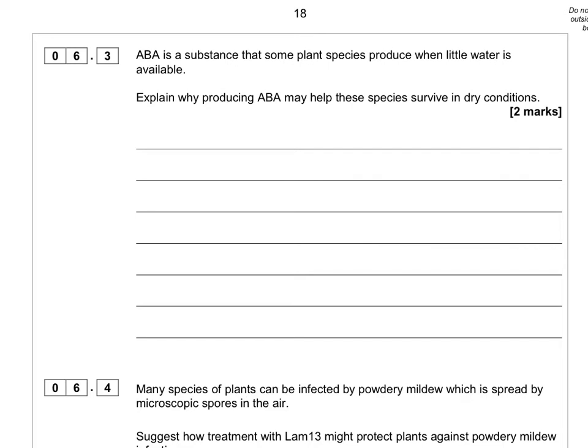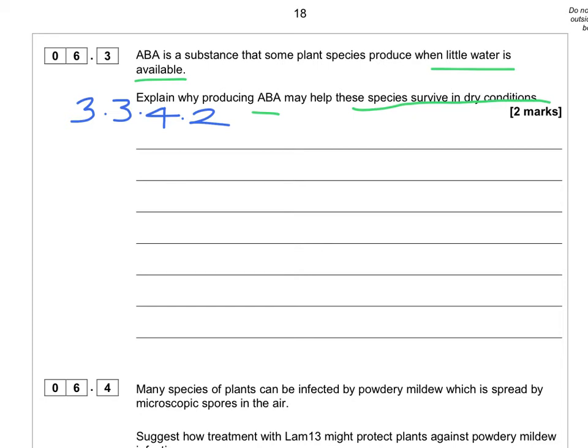6.3, and it says ABA is a substance that some plant species produce when little water is available, so when there's xerophytes, for example. So explain why producing ABA may help these species survive in dry conditions. So this question is a bit about mass transport, which is 3.3.4.2, and adaptations in plants surviving dry conditions.